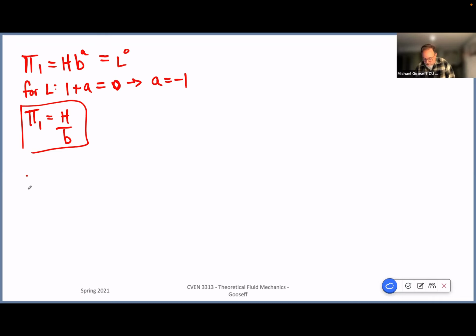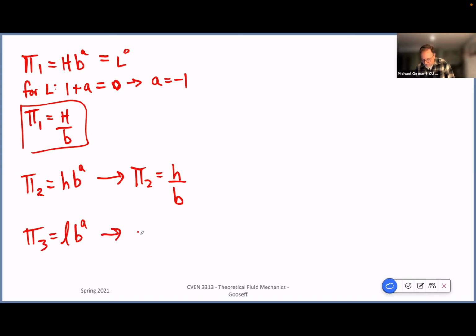Pi 2 is going to be similarly simple. Now instead of capital H, we're going to use little h. That was another one that was not repeating. So h times b to the a power. Going through the same process, we will get that pi 2 is equal to little h over b. And pi 3 now is equal to L times b to the a power. And I'm just skipping the step of creating this equation here for us.